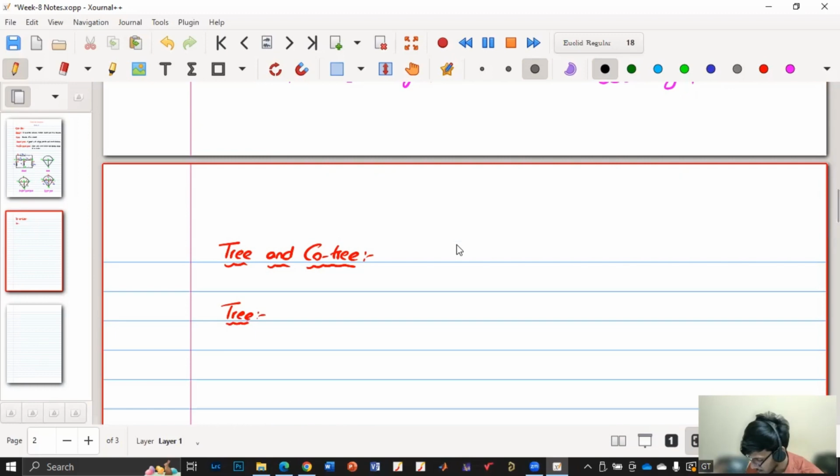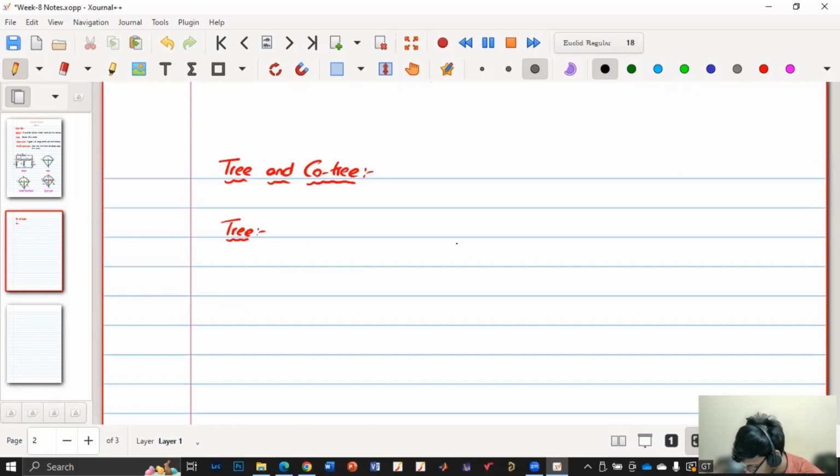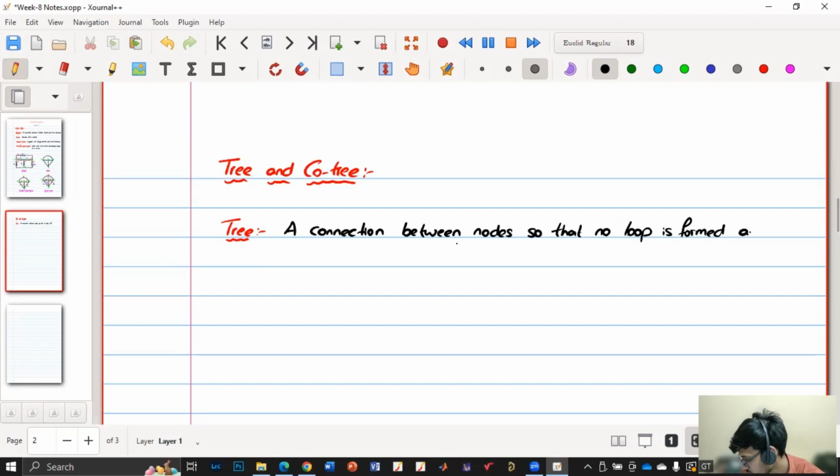Let me first write the definition, then I'll explain with an example. A tree is a connection between nodes so that no loop is formed and no node is left.